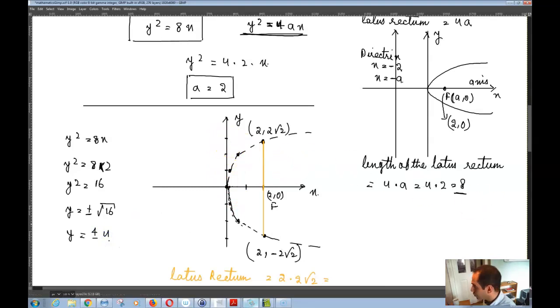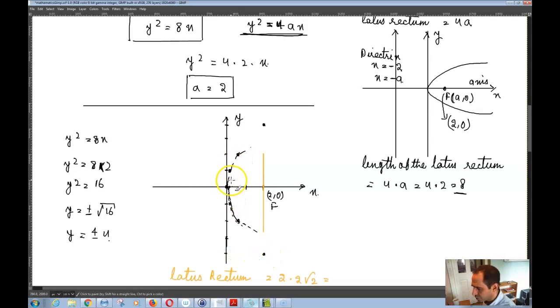So you have to go all the way up to 4, not here. I apologize for this mistake. So 1, 2, 3, and 4 would be this point over here, and 1, 2, 3, and 4 would be this point over here.